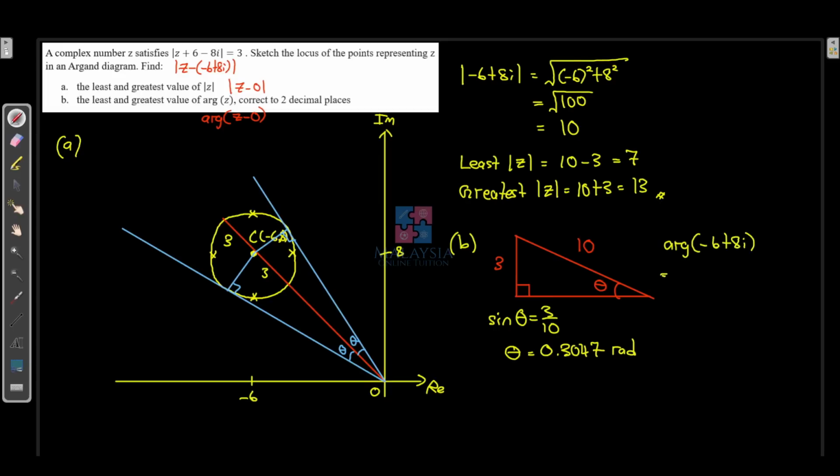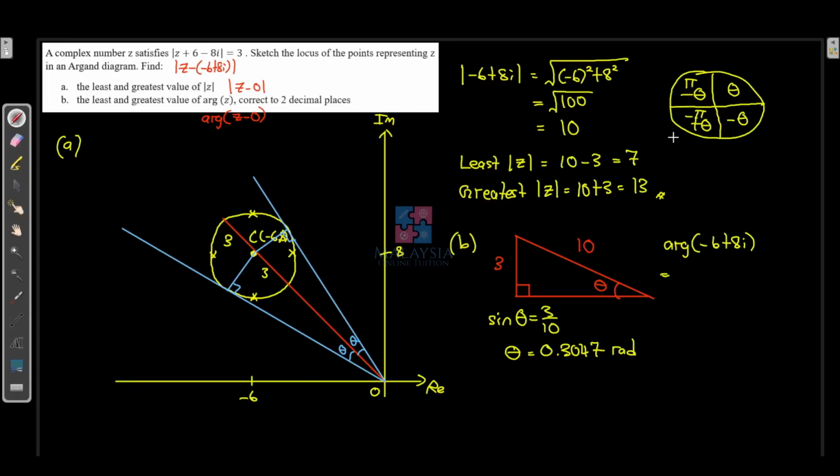So how to find this? First, you need to determine which quadrant -6 plus 8i is in. As you can see, it is in the second quadrant. For the formula for the second quadrant, I think I taught you this already in the past paper videos, that has been removed. For the Argand diagram, the first quadrant is theta, the second quadrant is pi minus theta, the fourth quadrant is negative theta, the third quadrant is negative pi plus theta.